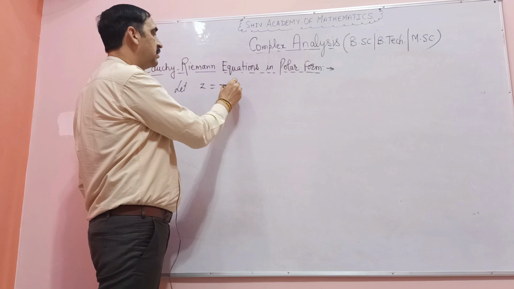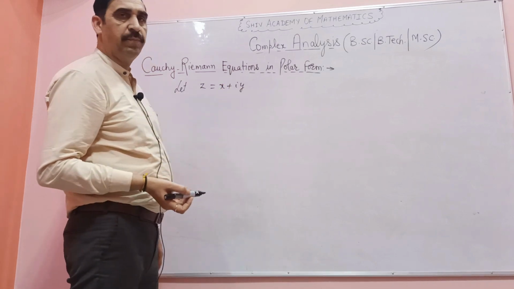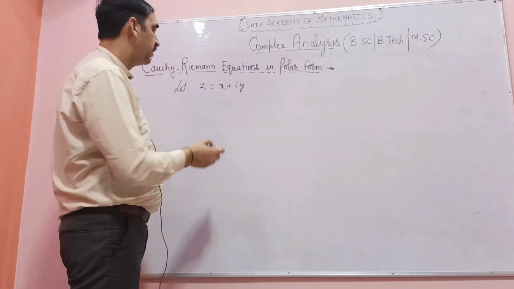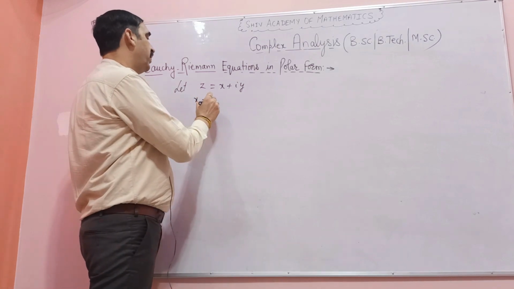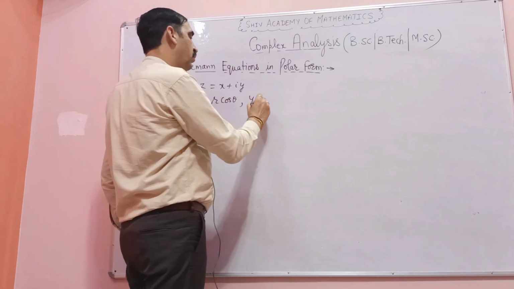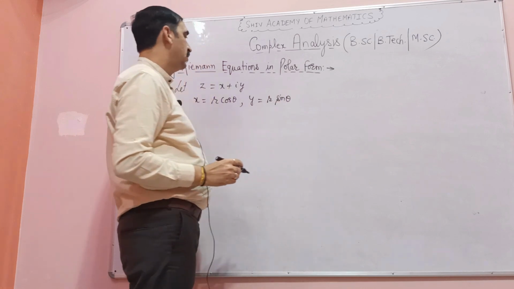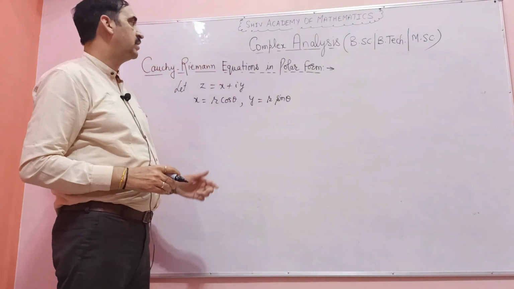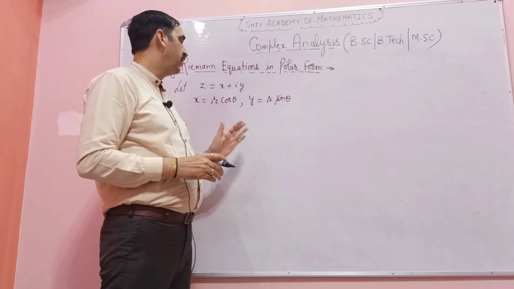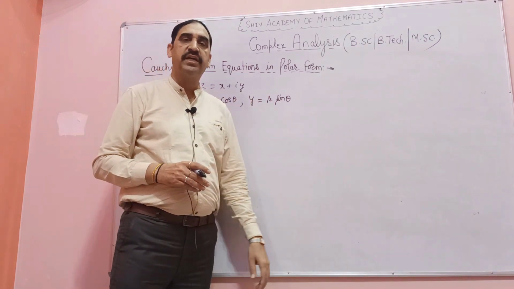equal to x plus iota y, and you know very well that the polar coordinates are r, theta, and the value of x is r cos theta, y equal to r sin theta. So when we have to find the CR equations in polar form, we put x equal to r cos theta and y equal to r sin theta.